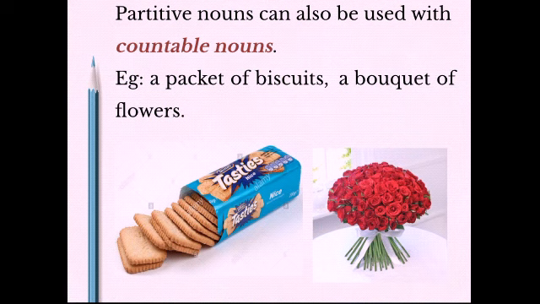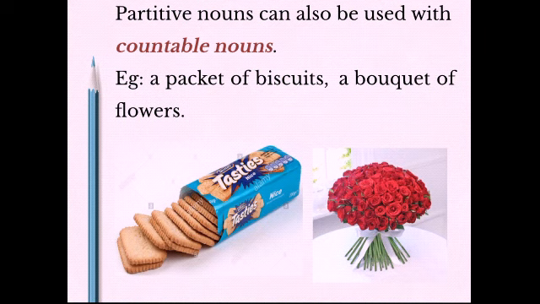Okay? Now, a bouquet of flowers. When you get a bouquet of flowers, are you able to count the number of flowers in it? No. And that becomes an uncountable noun. To make it a countable noun, we add the partitive noun to it.